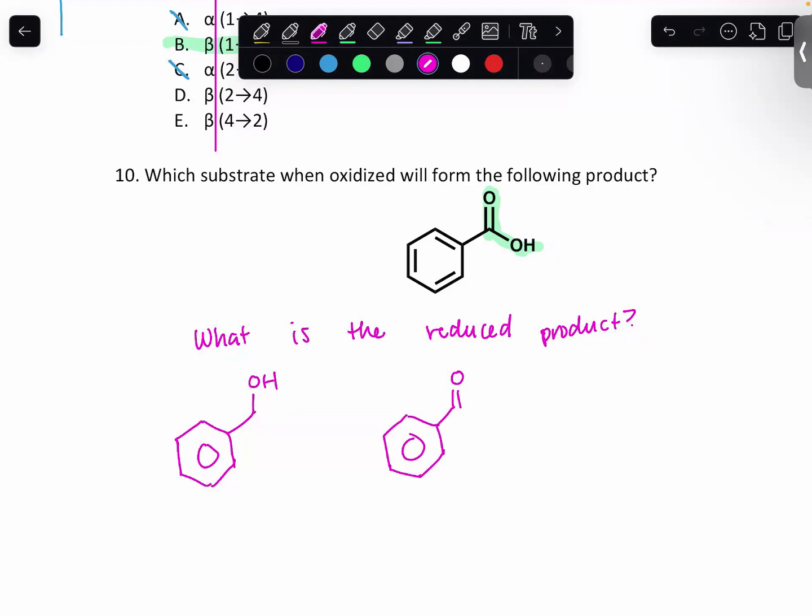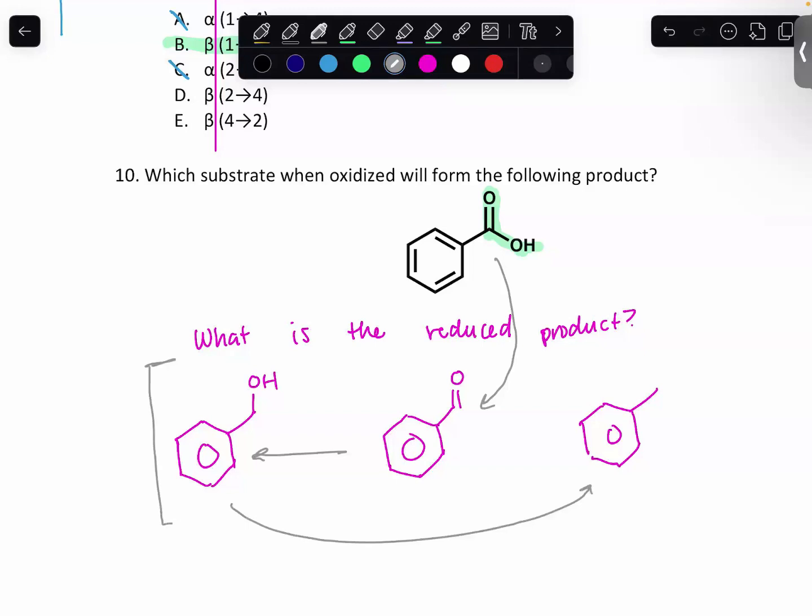If we reduce an alcohol, what do we get? Sort of. It gets down to the methyl group. So our order of events is the carboxylic acid will go to the aldehyde, which will go to the alcohol, which can go to the methyl.